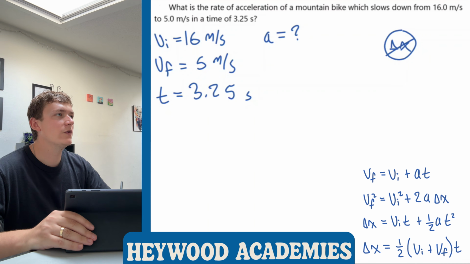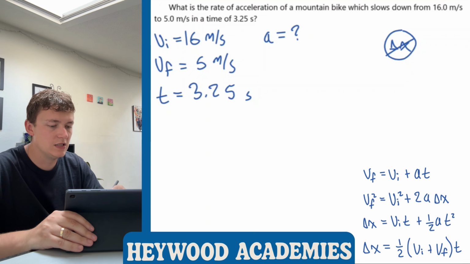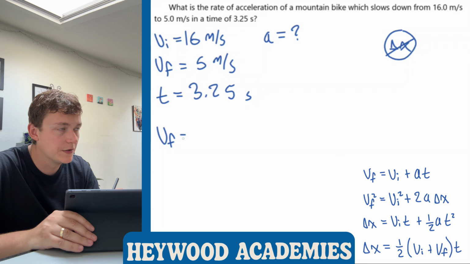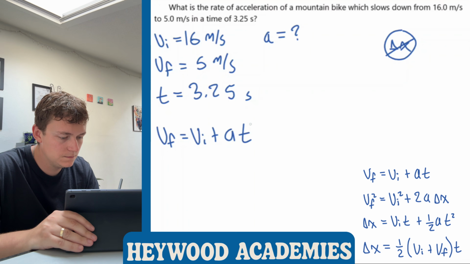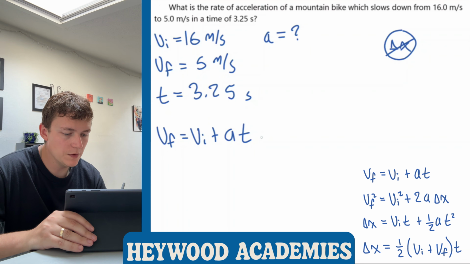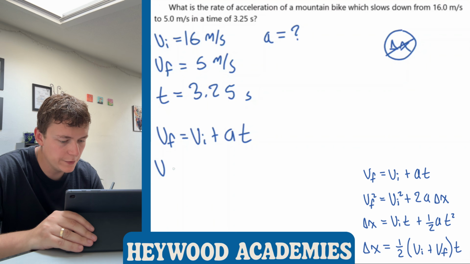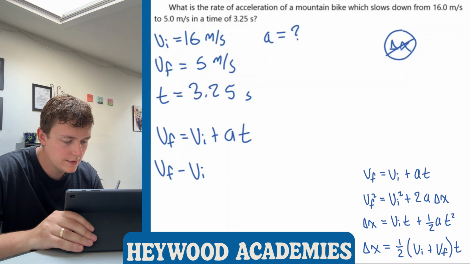So we're going to find the equation which does not have displacement, which is this one, and we're going to go with that. And we want the acceleration here, so we can bring that final velocity to the left side, and then divide by the time.